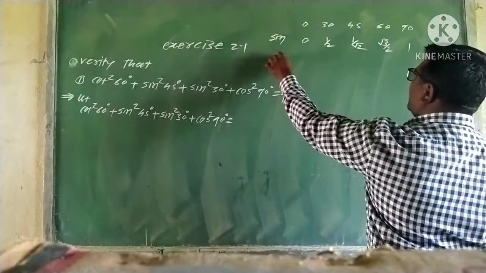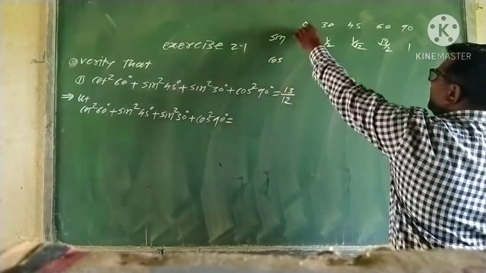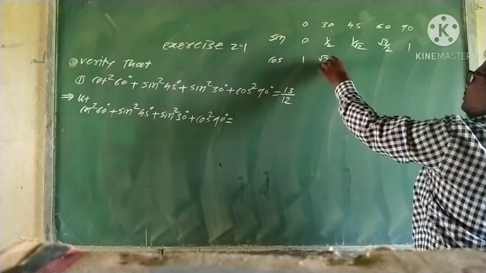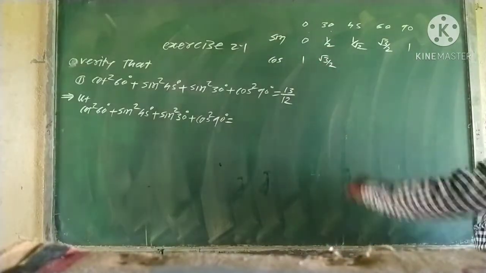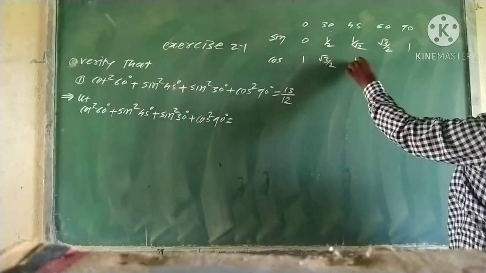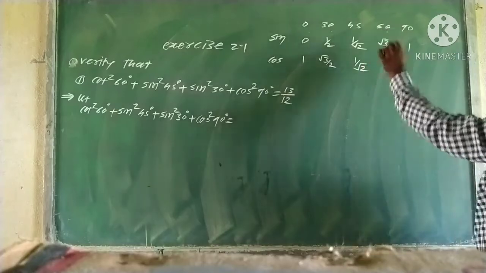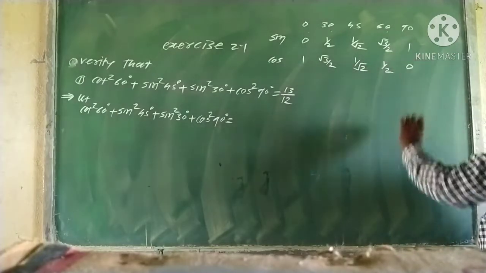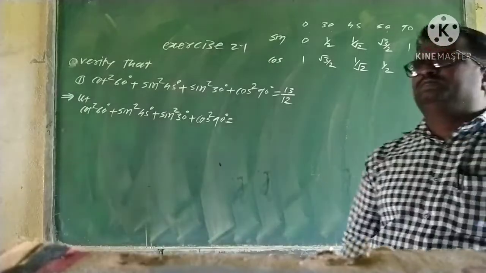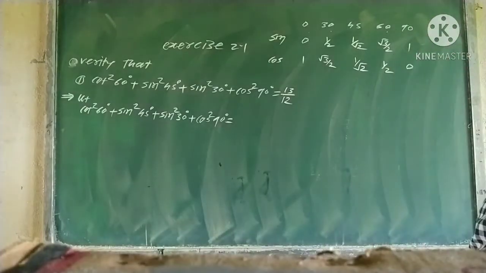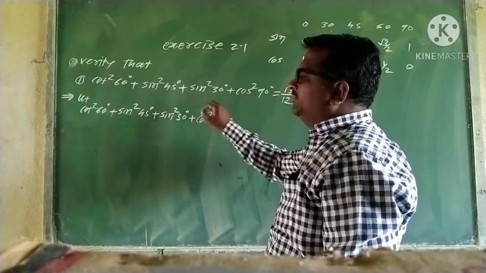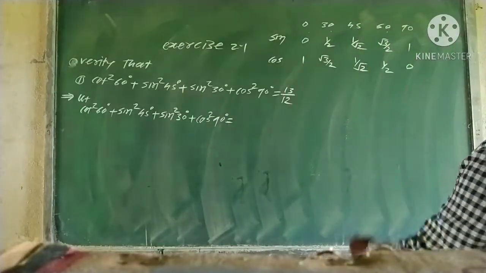Now cos of 0 is 1, cos of 30 is square root 3 divided by 2, cos of 45 is 1 upon square root 2, cos of 60 is 1 upon 2, and cos of 90 is 0.